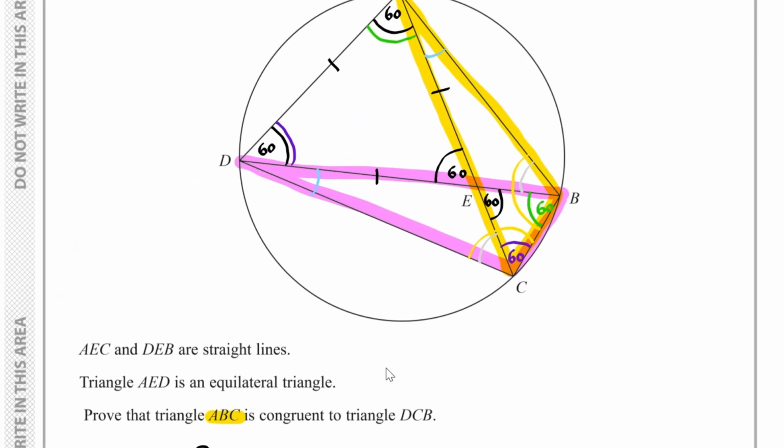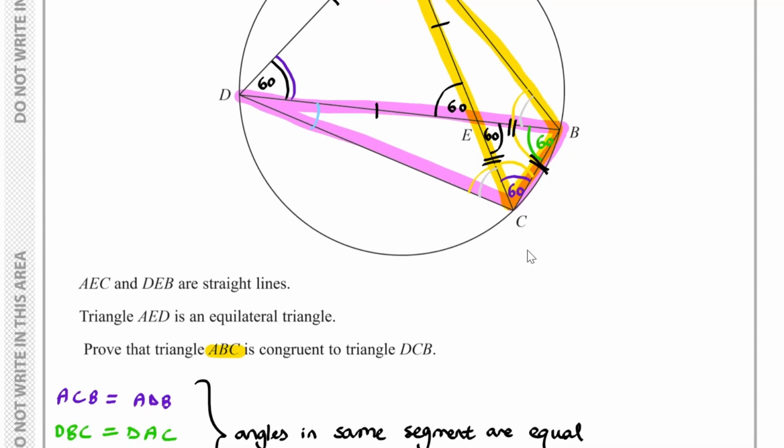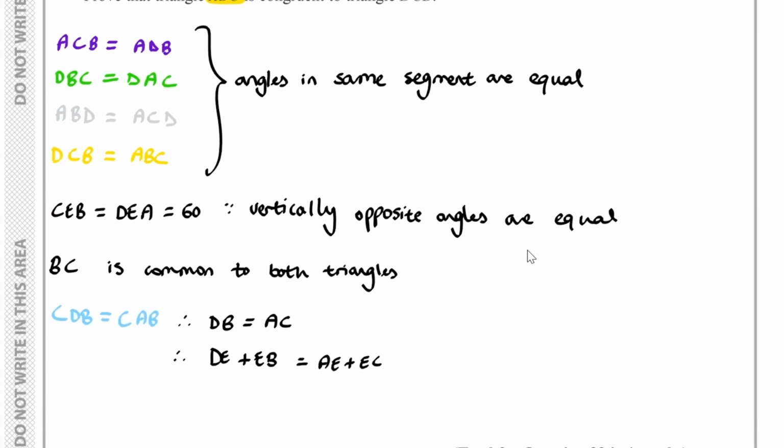So what we mean by this, well, here you can see we've got an equilateral triangle, so this is equal to this, which is equal to this. What we can see from here then is EC is equal to EB then.